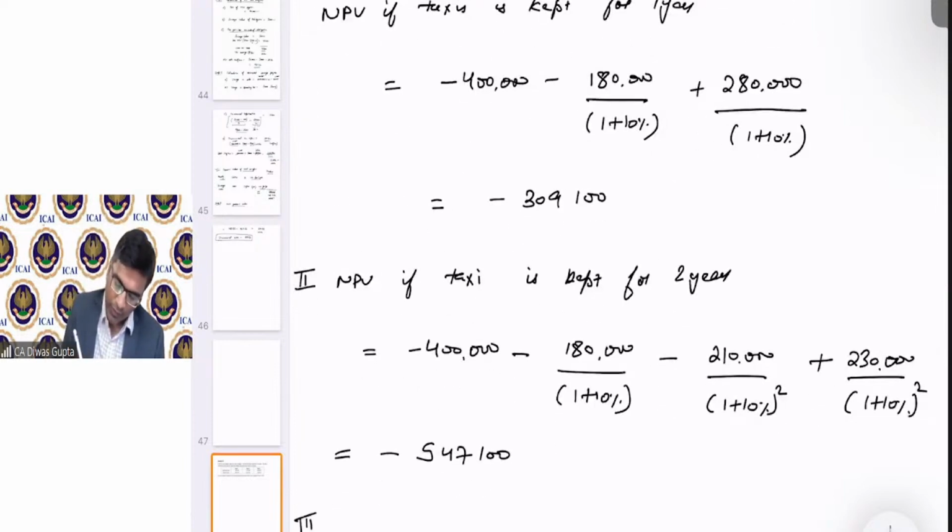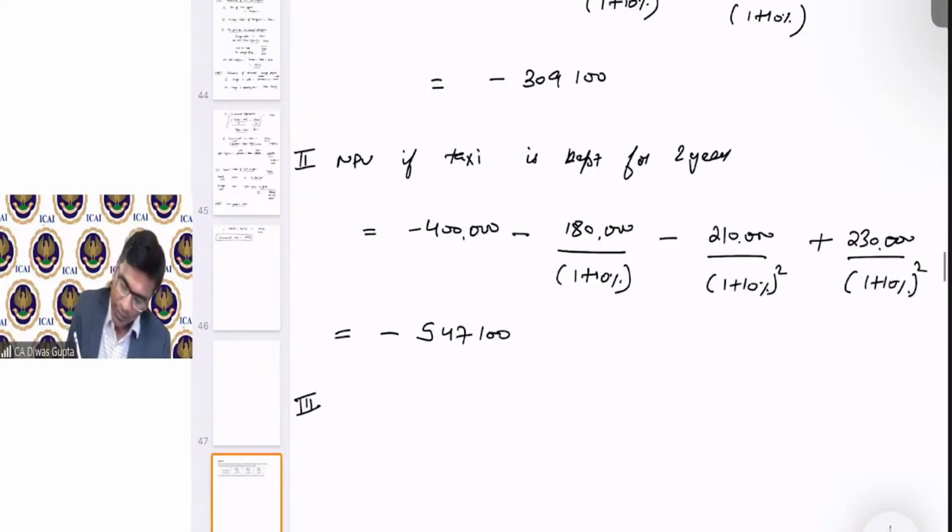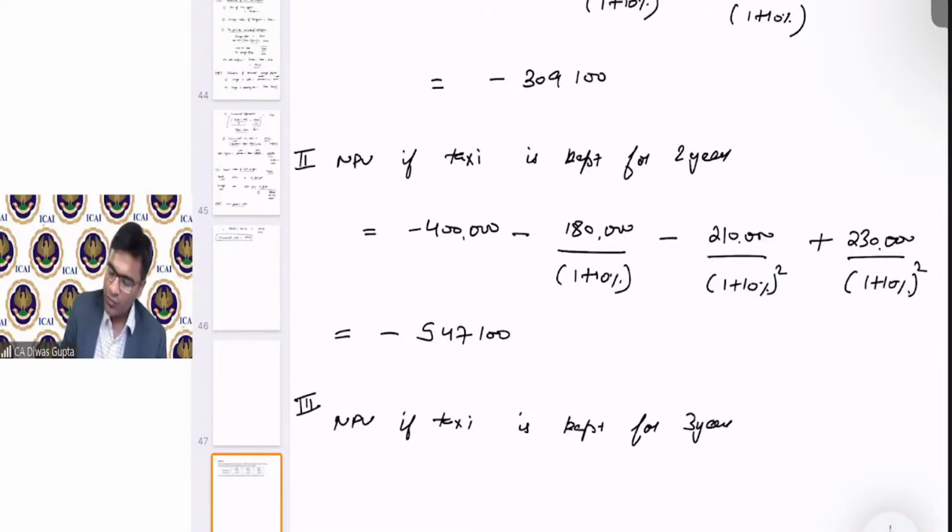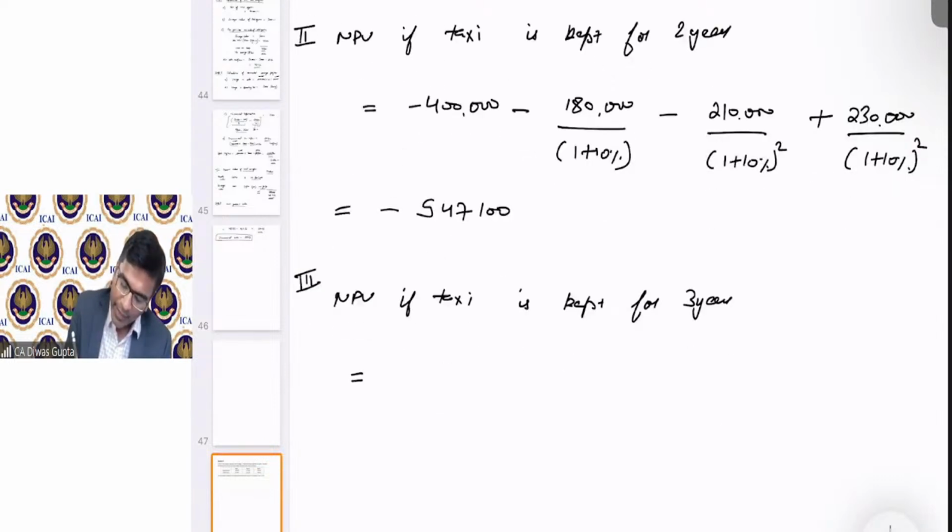Then let's go to the third case, NPV if taxi is kept for 3 years. This is the third scenario. Minus 4 lakh is still going to be there, correct?